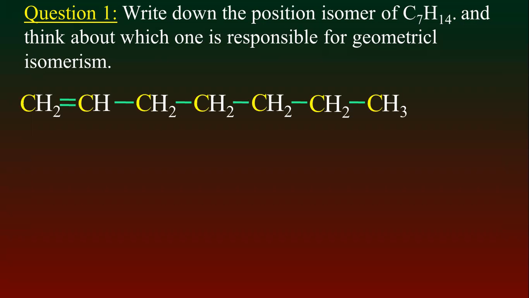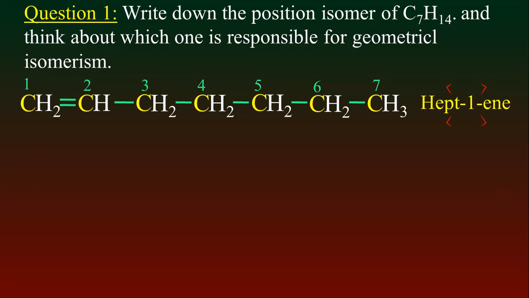This compound contains a double bond at the first carbon and contains no side chain. That means this compound's name is hept-1-ene. Now you have to think whether hept-1-ene undergoes cis-trans isomerism.